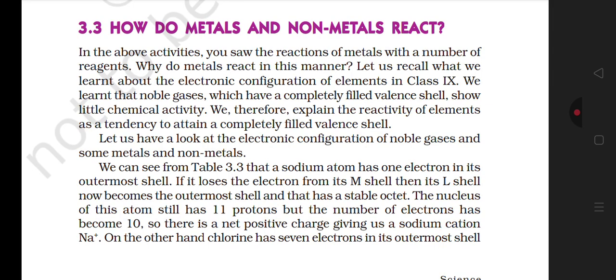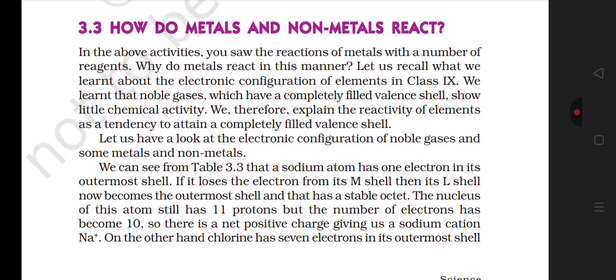If it loses one electron from its M shell, then its L shell becomes the outermost shell that has the stable octet. The nucleus of this atom still has 11 protons, but the number of electrons has become 10. So there is a net positive charge, giving us the sodium cation, Na positive.